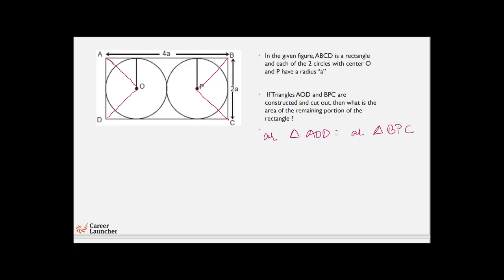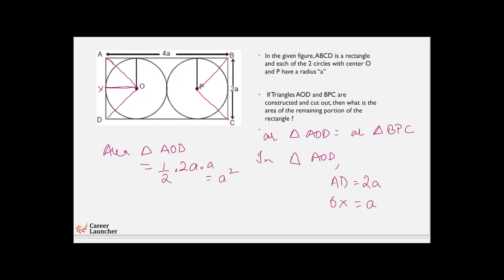Now in triangle AOD, AD is 2A, equivalent to the breadth of the rectangle, and this particular length, let's say this is OX, is going to be A, the radius of the circle. So the area of triangle AOD is half base into height. So half 2a into a comes out to be a square. And this will also be equivalent to the area of triangle BPC.